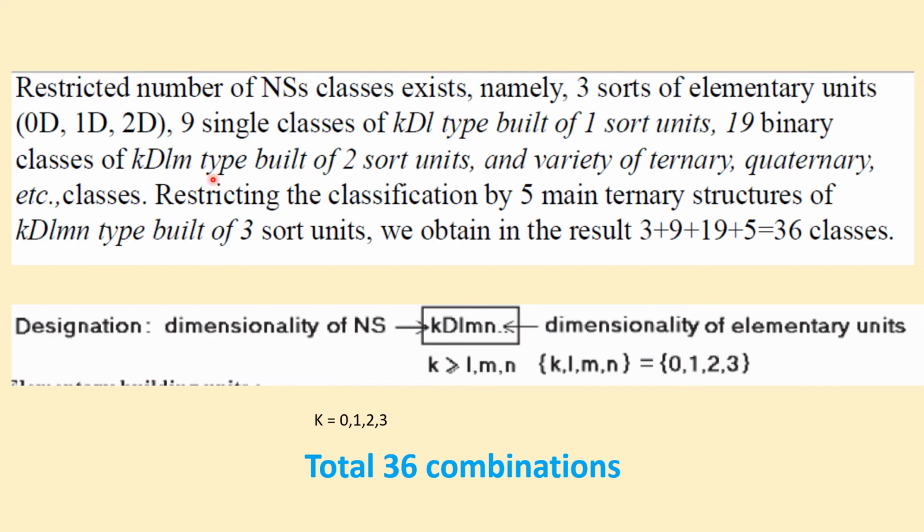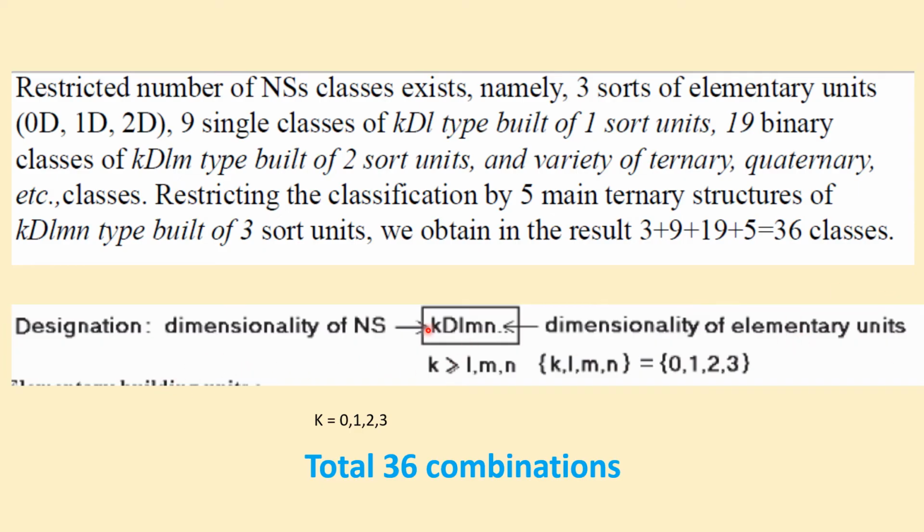And if we use l and m, 2 units, then it will make 19 classes. If we use all the combinations, then we will have 3 plus 9 plus 19 plus 5, which is 36 classes. We will see the image in the next slide.